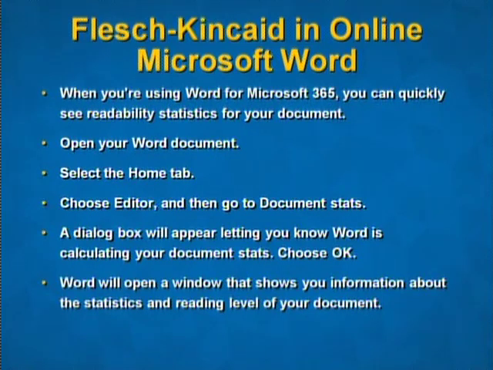You'll select the Home tab, choose Editor, and then go to Document Stats. A dialog box will appear letting you know that Word is calculating your document stats. You'll then want to choose OK. Word will open a window that shows you information about the statistics and reading level of your document.